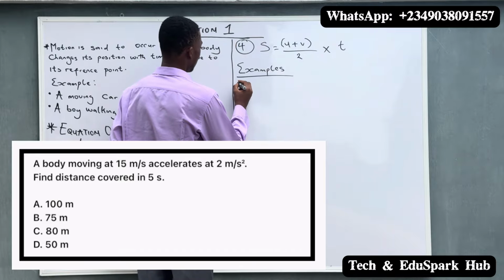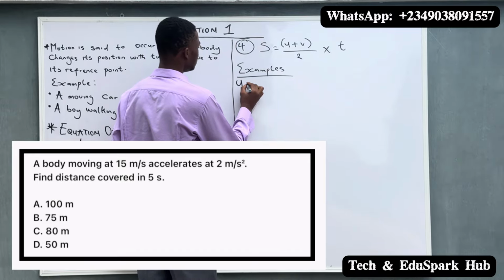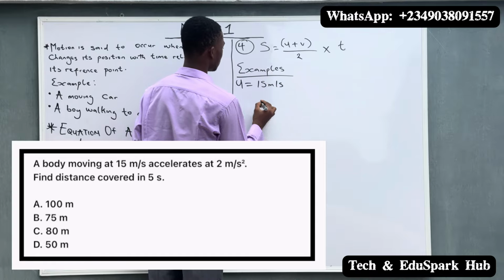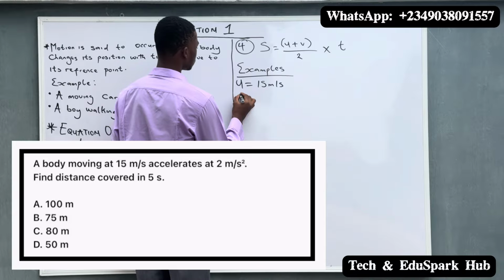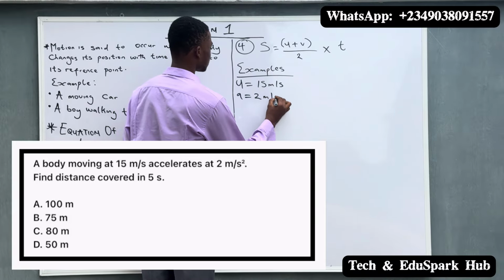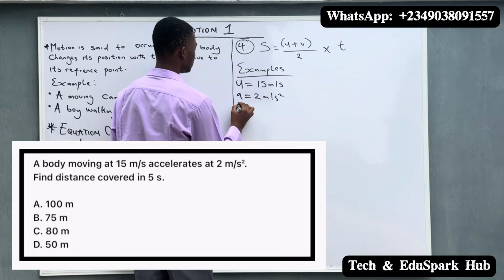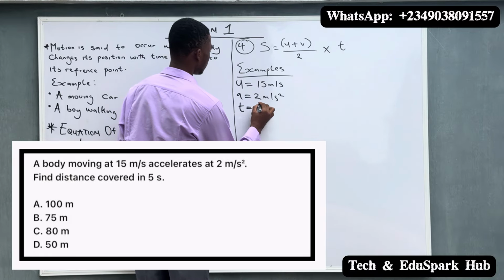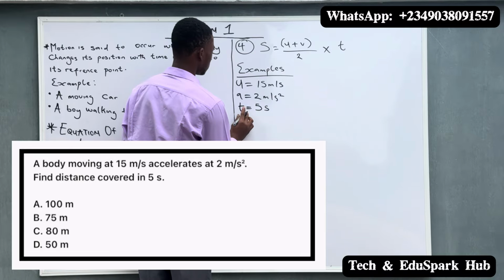We're given our initial velocity, u, because the body is moving at 15 meters per second. And it accelerates at 2 meters per second squared. And lastly, the question is asking us to calculate the distance covered in 2 seconds.